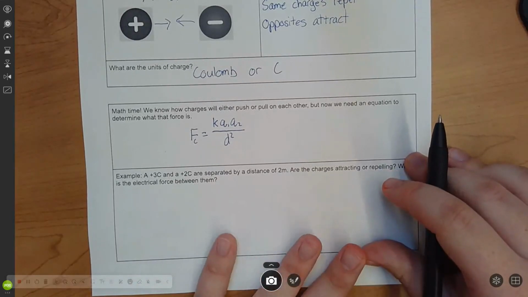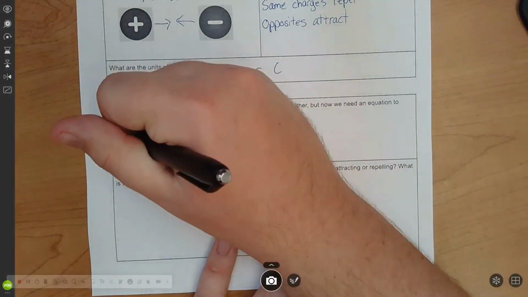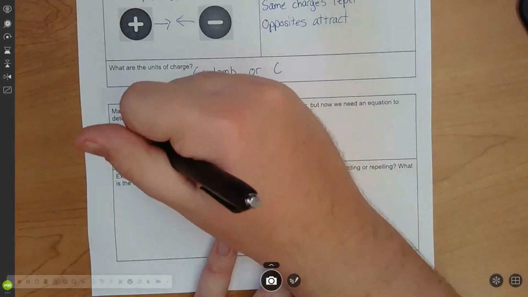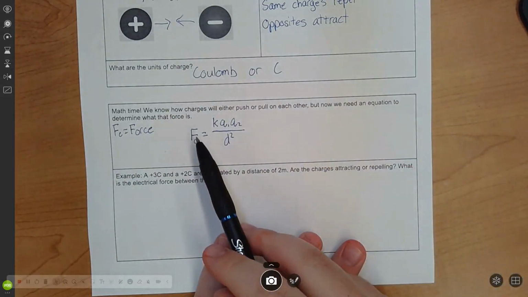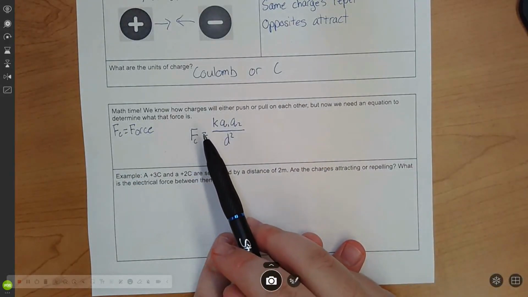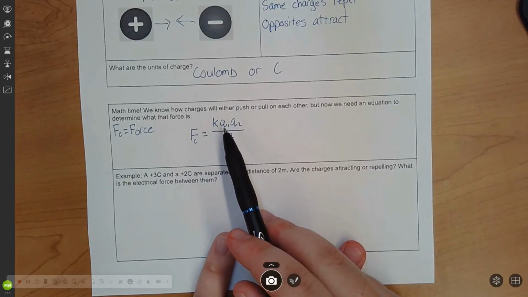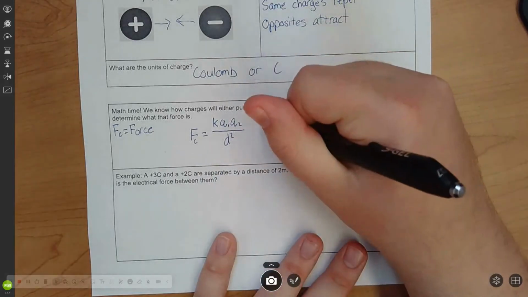So let's talk about what each of these symbols mean. We already talked about F_C, that's just referring to the force. So that one is what we're calculating, the force. Some of these symbols we haven't seen before. We haven't seen K or Q before. K is an easy one because it's a constant.